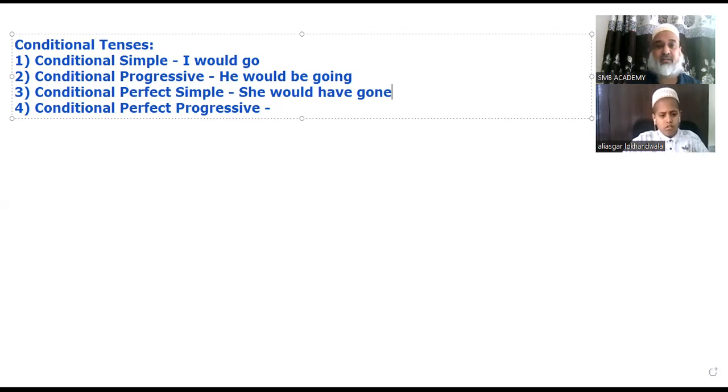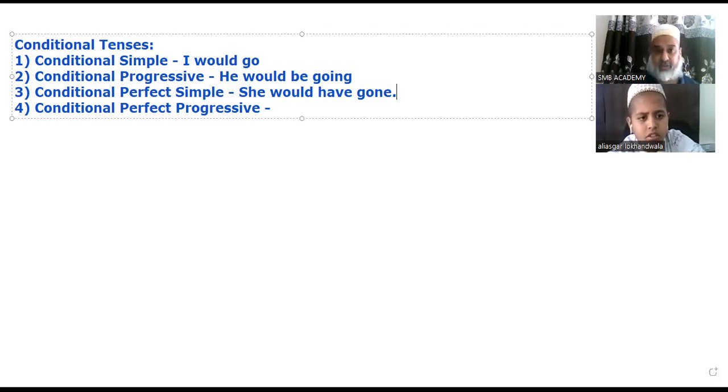That means she has not gone in the past, but if she would have gone, she would have got the gift. But she did not go, so she did not get. So it is something which happened or did not happen in the past and we regret it in the present.